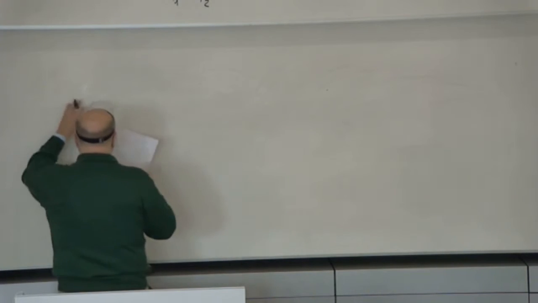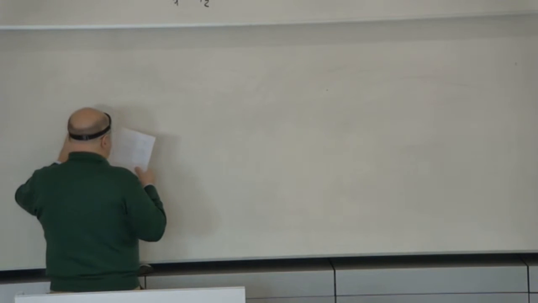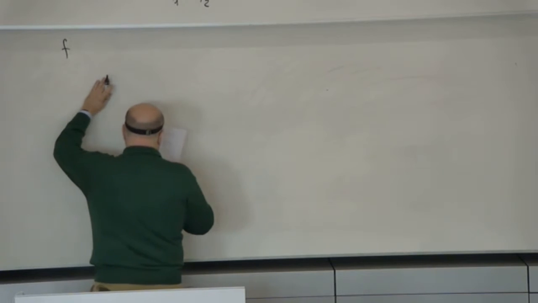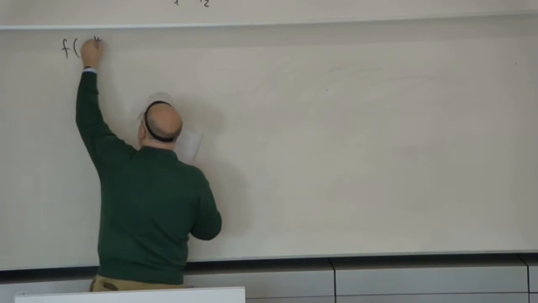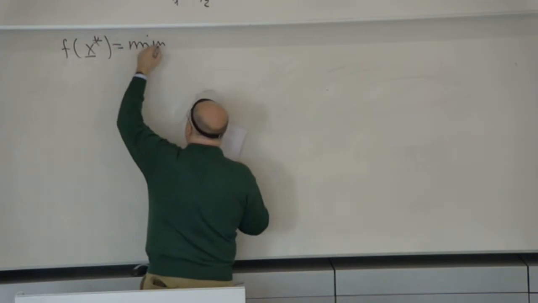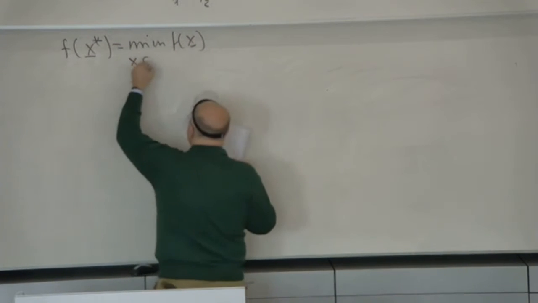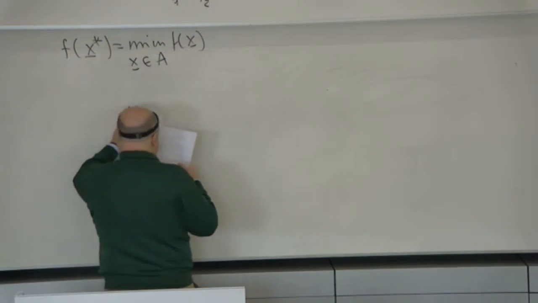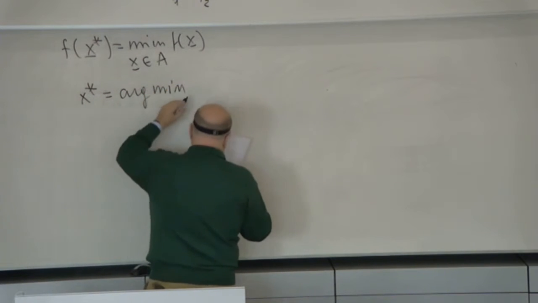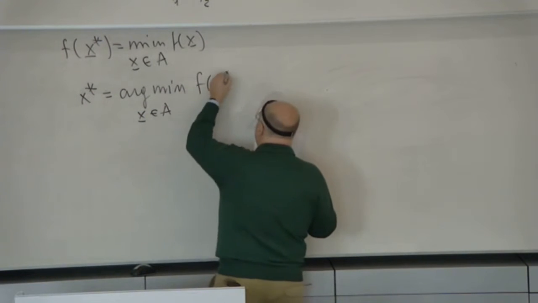Okay, so another notation that we will sometimes use, and I used it sometimes in my notes as well. When a point x star is a local minimizer of a function, so is the minimizer of f of x where x is in A, sometimes we write x star equals arg min, x in A, of f of x.